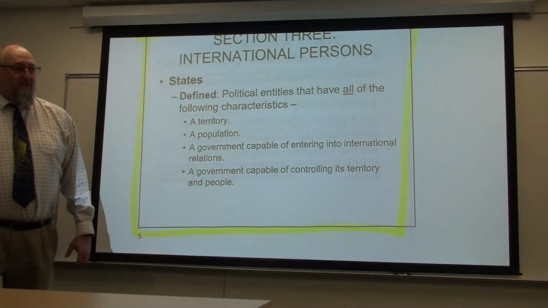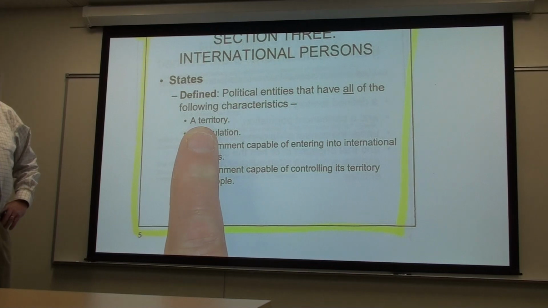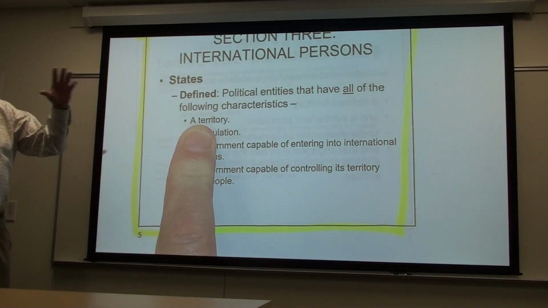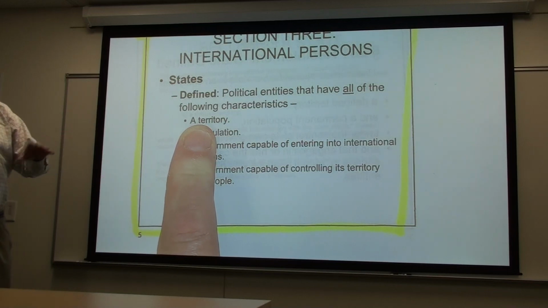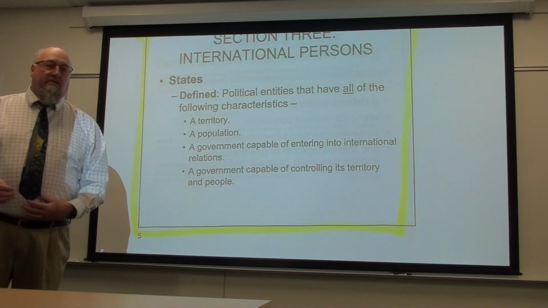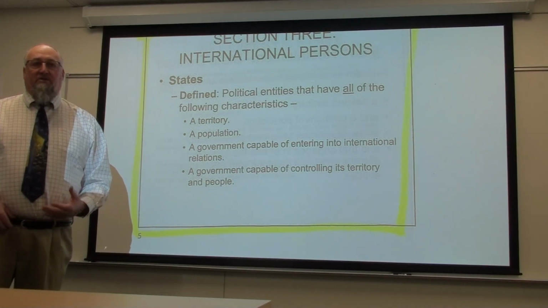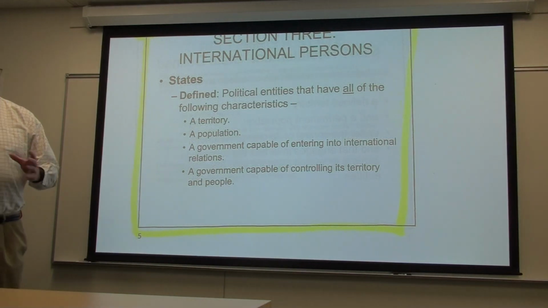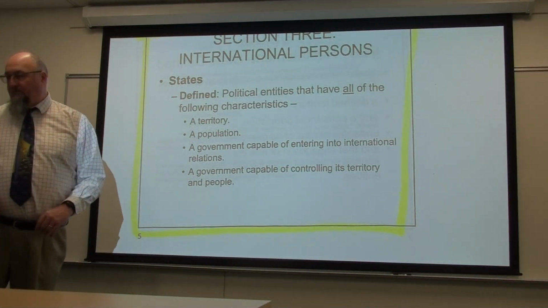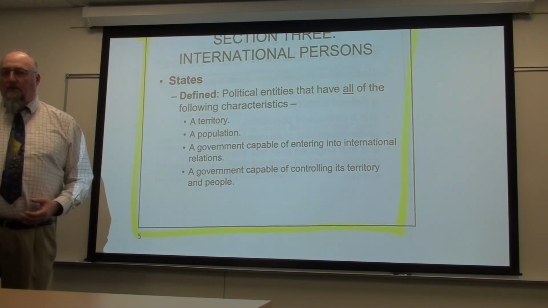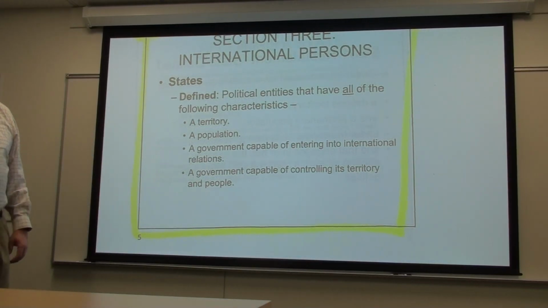So this 4-part test is, first of all, you must have a defined territory with borders, and you look on the map and there is a territory that is defined. Now there may be disputed parts of the territory, but for the most part, if there's a defined territory, that's the first element that we look at, and we're talking under the Montevideo rules of the 4-part test.